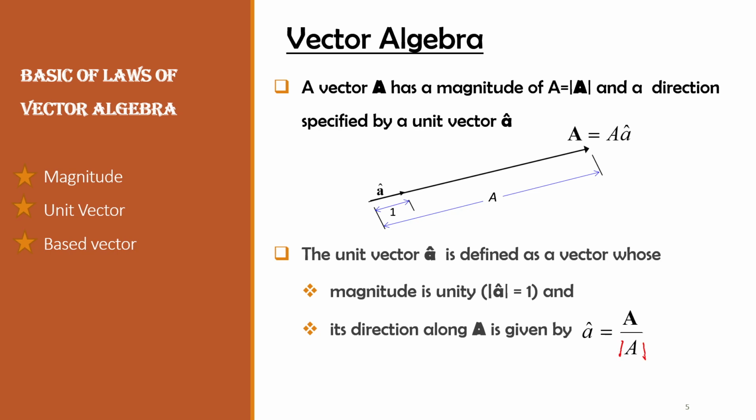So the unit vector is vector A divided by the magnitude of vector A. The magnitude of unit vector A is always one unit, that's why it's called a unit vector. For any unit vector, the magnitude is always one unit.